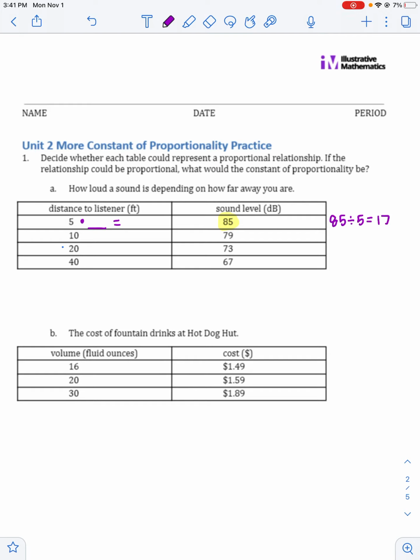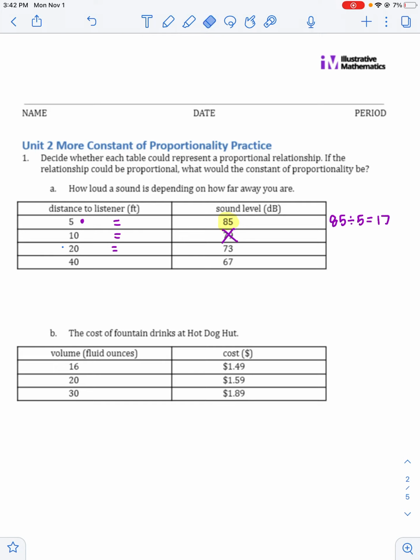And I know that 5 times 17 equals 85. So if this were a proportional relationship, 10 times 17 would be equal to 79, 20 times 17 would be equal to 73, and so on. But when I look at this table, I see that 10 times 17 is not 79.